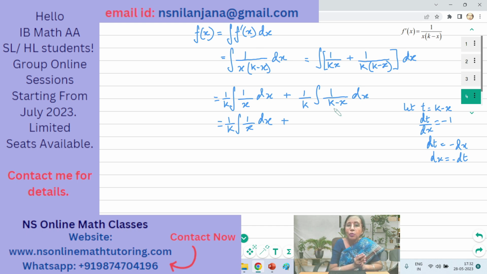But if you do the two integrations at two different times, then you will have two constants of integration which can be combined together. Maybe the first constant of integration is C1 and the second is C2. And in the final step, we will write that as plus C, where C is equal to C1 plus C2.